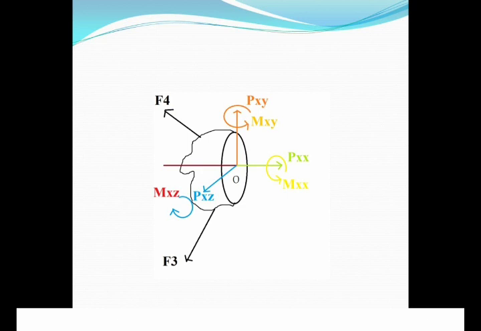The green line shows Pxx, the red line shows Pxy, and the blue line shows Pxz. These are three surfaces mutually perpendicular to each other, and these three forces meet at a point O, which is the centroid.